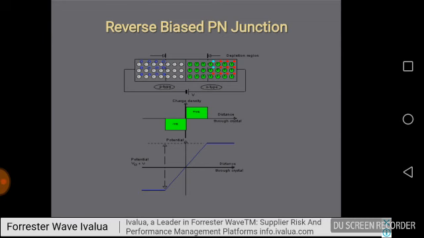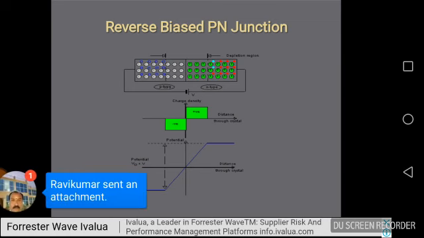Now what happens actually? Opposite charges will start to attract each other. Now I have connected the negative of the battery to the P side and positive of the battery to the N side. So the electrons will move away from the junction and start moving towards the terminals.